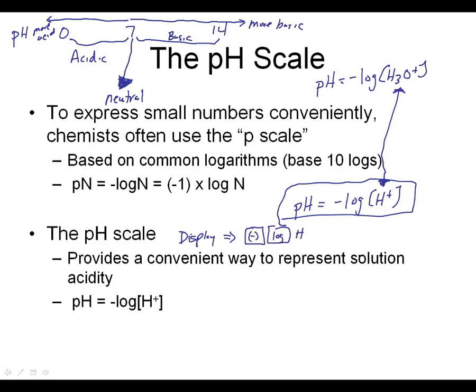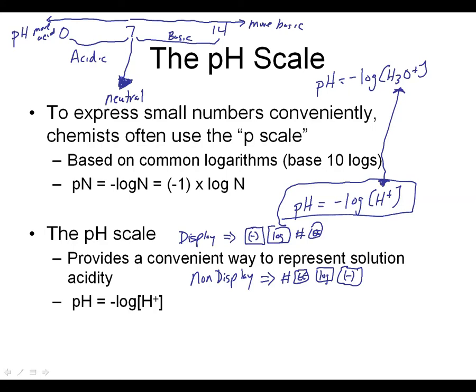Now, if you have a non-display calculator, this formula and all the rest of them, you need to work backwards. You would start with the number or the concentration using your exponent button, then hit the log button, and then hit the negative button. So for display, you do the formula just the way it's written. For non-display, you go backwards, starting with the number and working your way back.